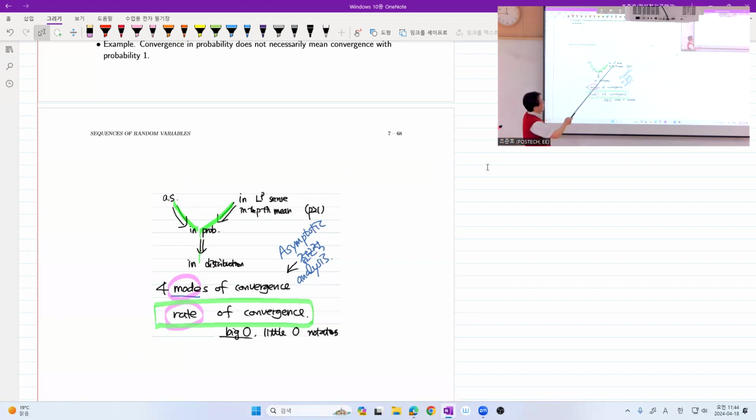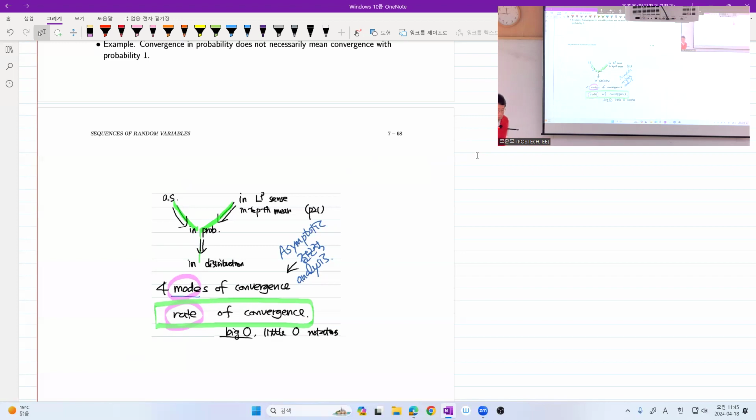On the right branch, we have convergence in the p-th mean for p greater than or equal to 1. So actually on the right branch, we have uncountably infinitely many definitions, which can be grouped and called just convergence in the p-th mean. So we have 4 modes of convergence.